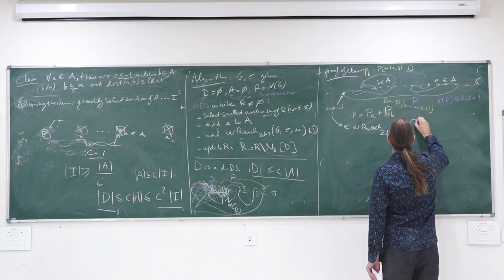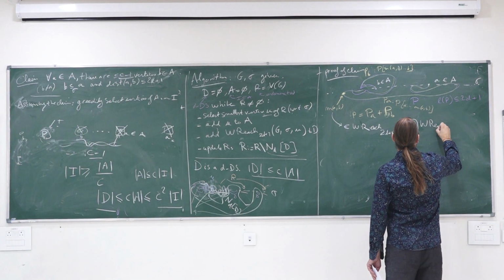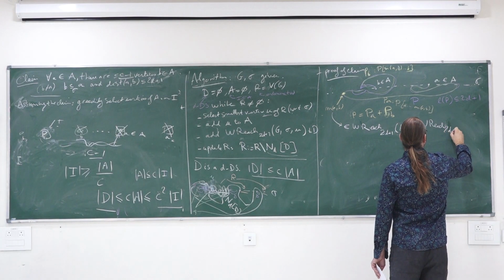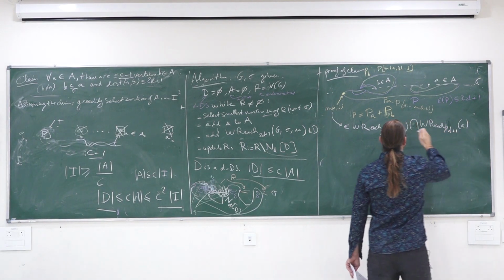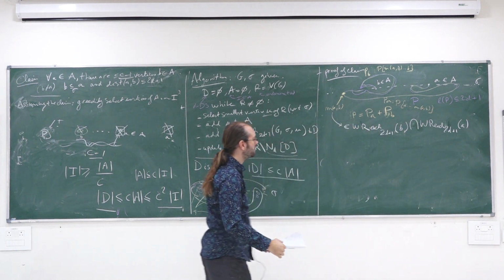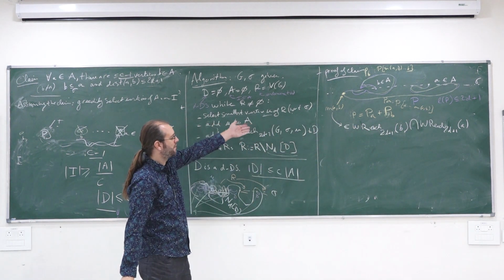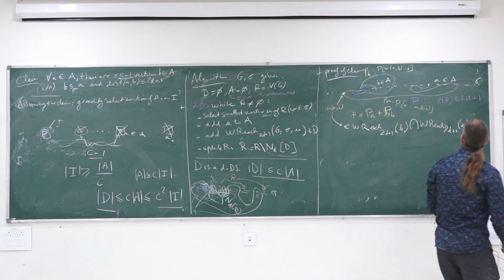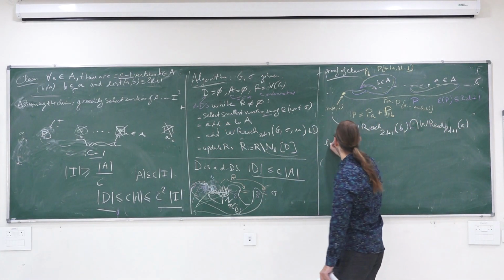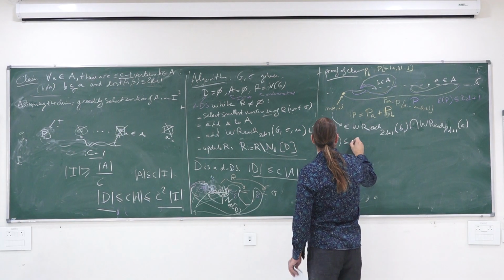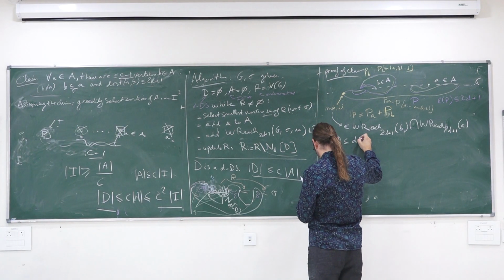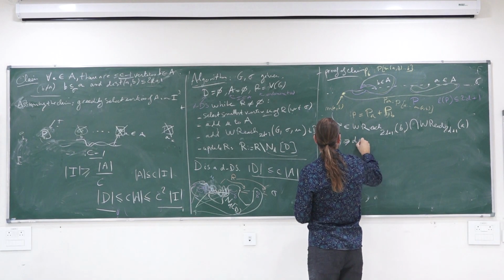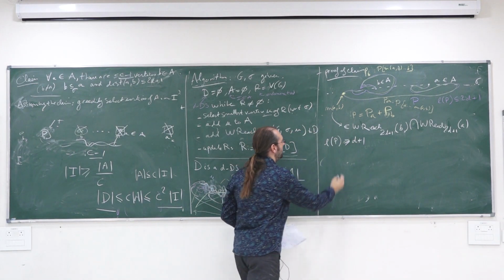So this is also in weak reachability. Right, this is kind of trivial because it's the minimum of this path. So I want to claim that the length of PA is at least D plus 1.